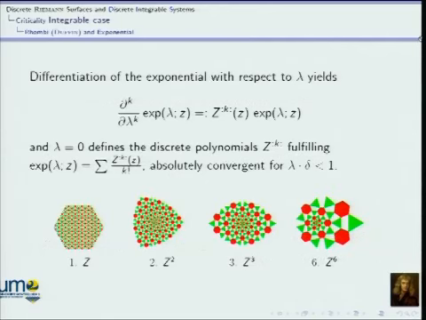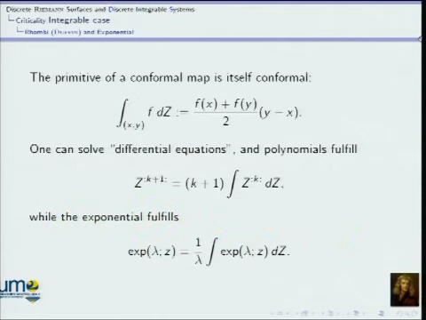So when you differentiate this exponential with respect to the spectral parameter, you end up with a notion of discrete polynomials, and you can picture things. But as I said previously, I don't know exactly what to do with what happens right at the origin. I don't know what it means to have a higher degree zero, or for that matter, a higher degree pole.